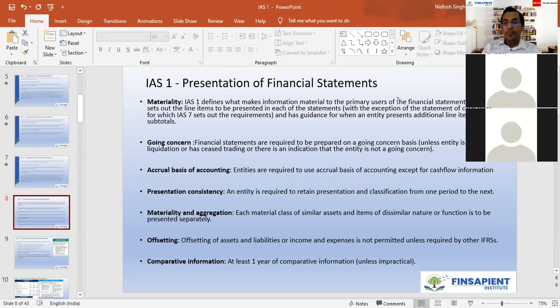So Nitish, what is the difference between the first point and the fifth point, materiality and aggregation? All right. The first point is all about general materiality. Here we are saying that if any information is important, it needs to be disclosed. For example, let's take the example of the fraud I discussed. There was a fraud of $20,000.